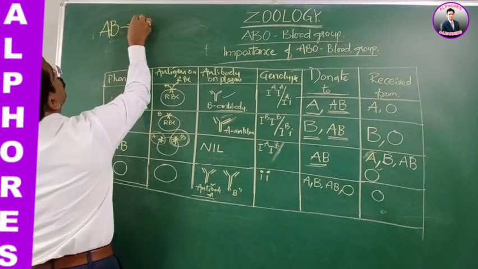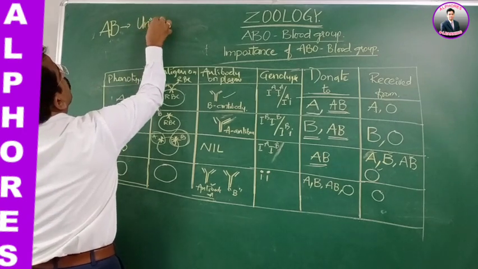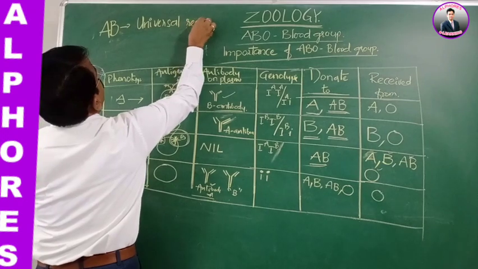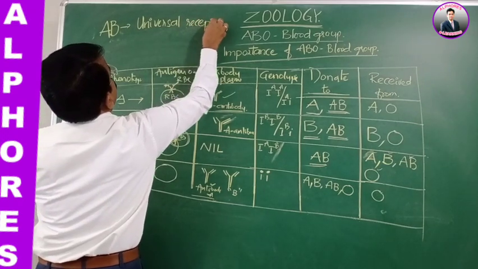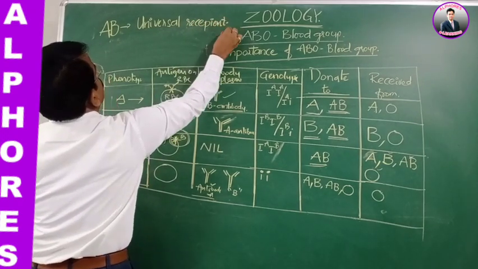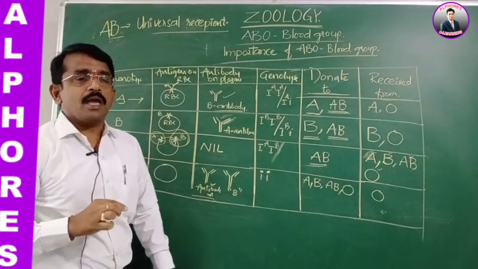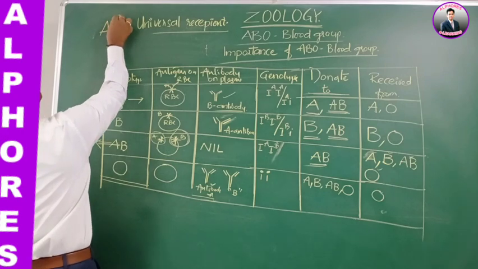That's the reason why we consider AB to be the universal recipient, and we do discuss that AB positive is the recipient.